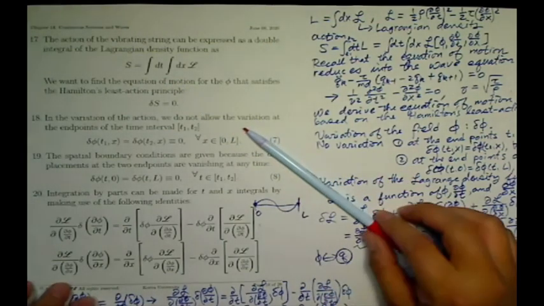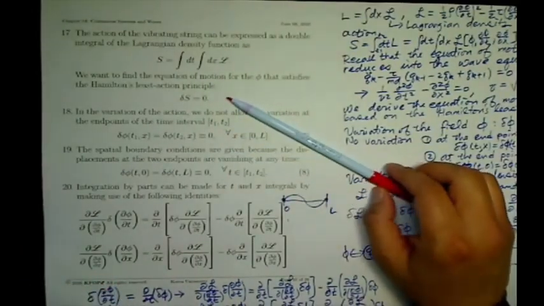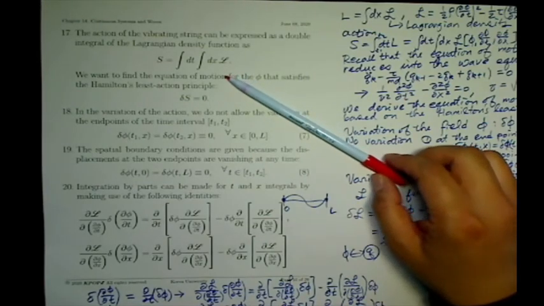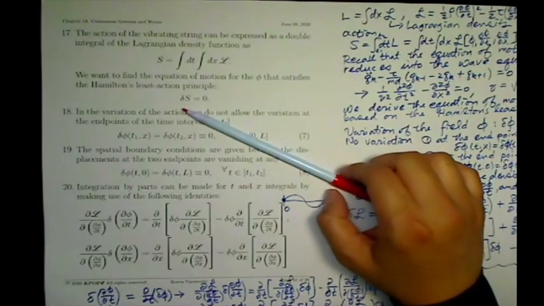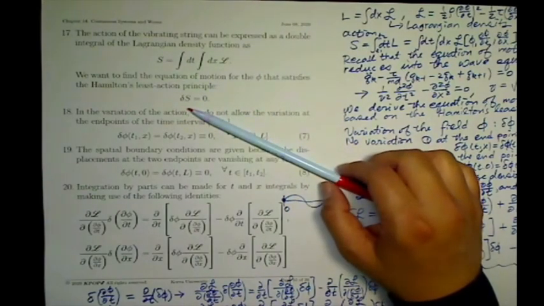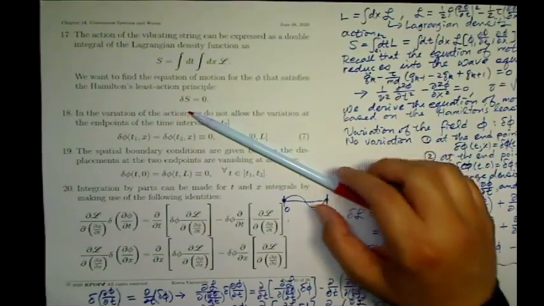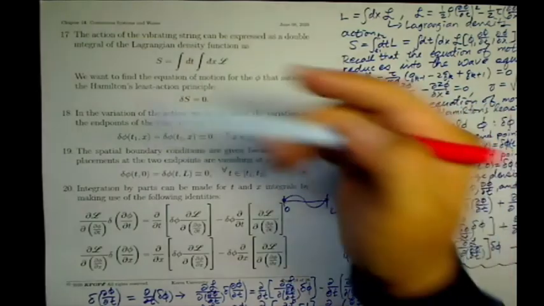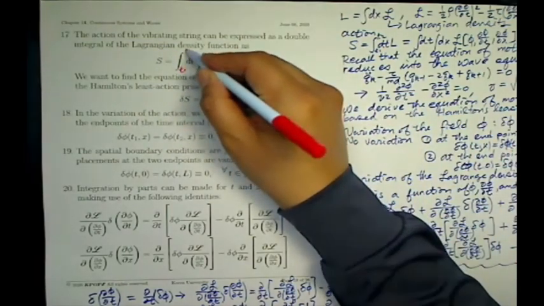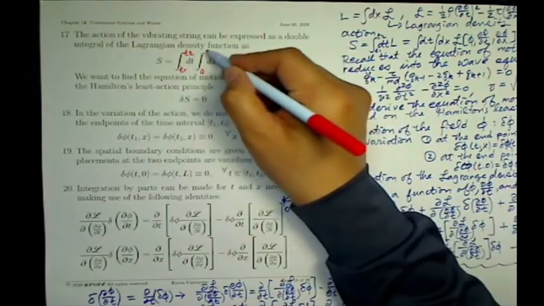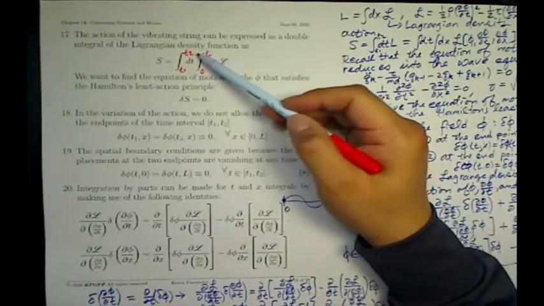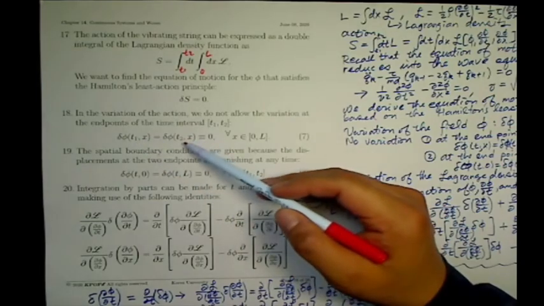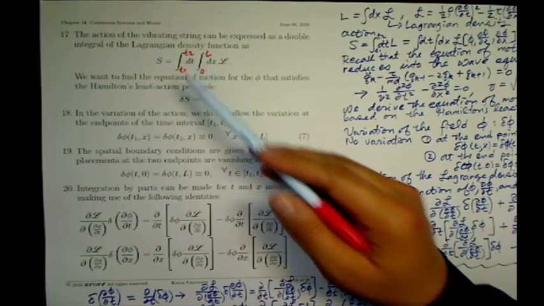But remember, we first have to find out the variation of this Lagrangian density, because we want to compute the variation of the action. All right, and then we have some constraints. As far as the t integral is concerned, the integral from t1 to t2, we do not allow variation at both endpoints for time, right?